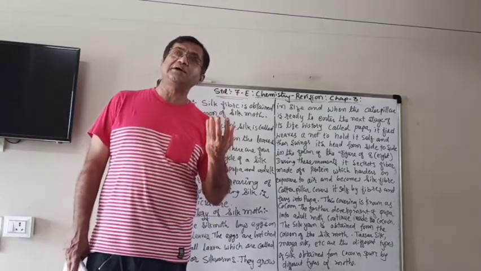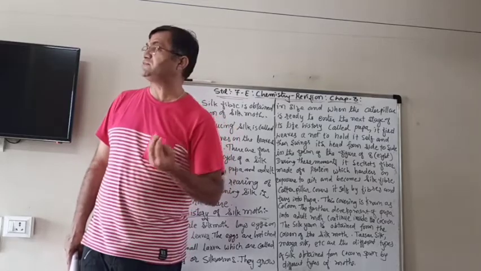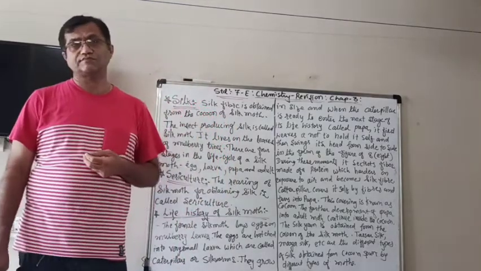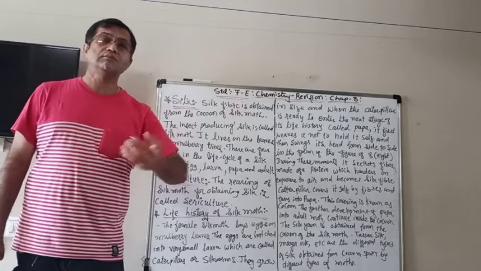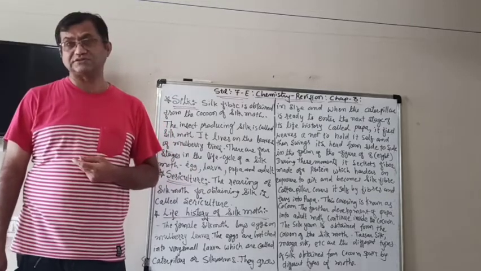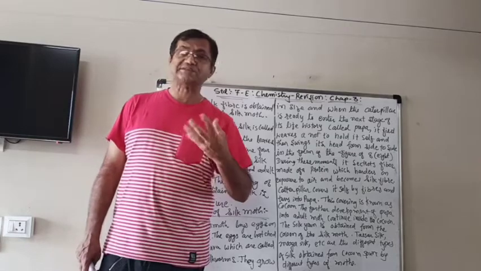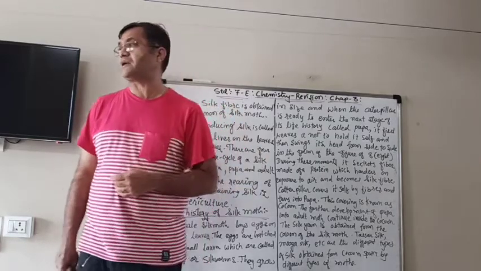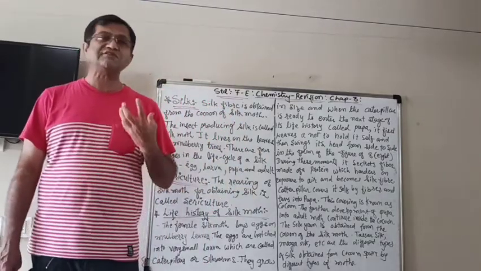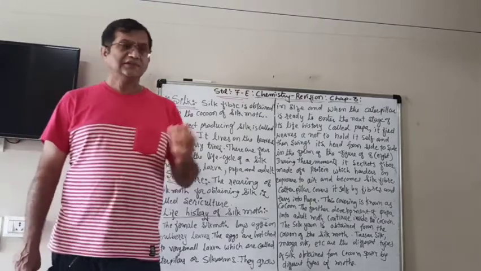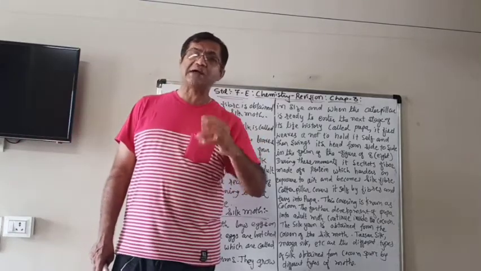Generally we see that in other animals and birds, either they give birth to young ones or the young ones hatch from eggs and come out. So mostly we see that the young ones are the same as the adults.